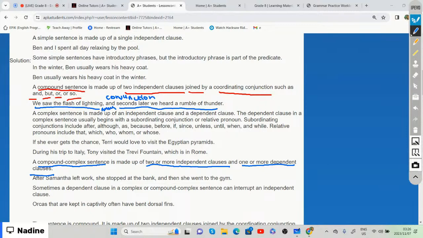So after Samantha left work, she stopped at the bank and then she went to the gym.